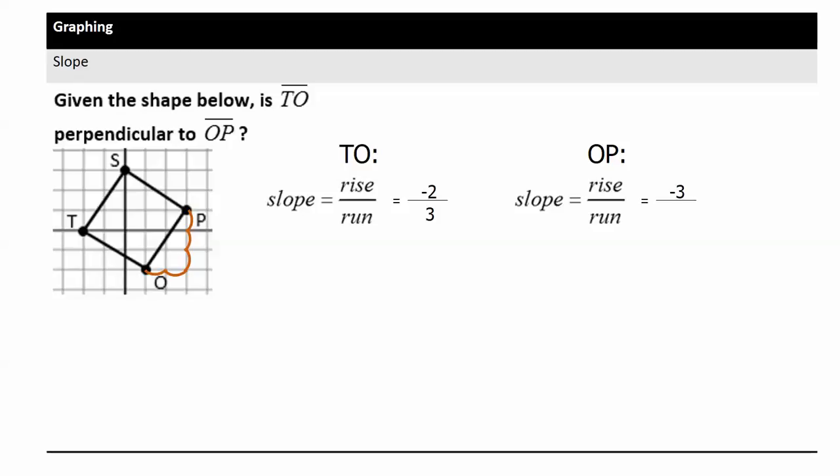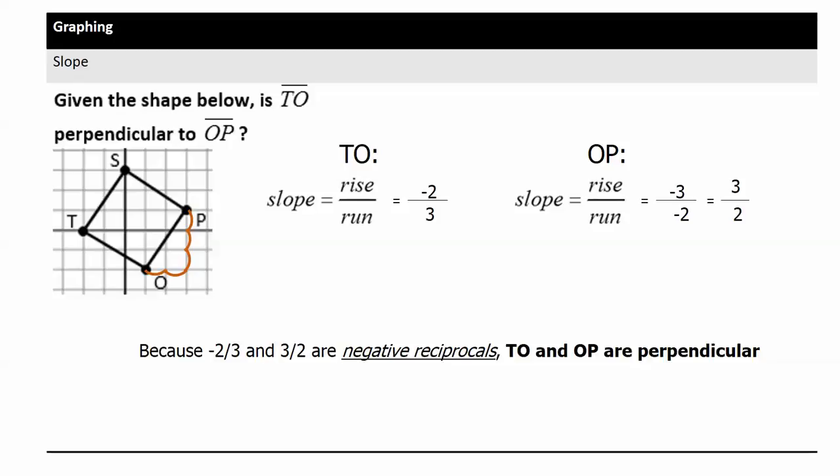Because we went left, it's -2, which simplifies to +3/2. So because -2/3 and 3/2 are negative reciprocals, that is, the sign changes and our fraction flips, TO and OP are perpendicular.